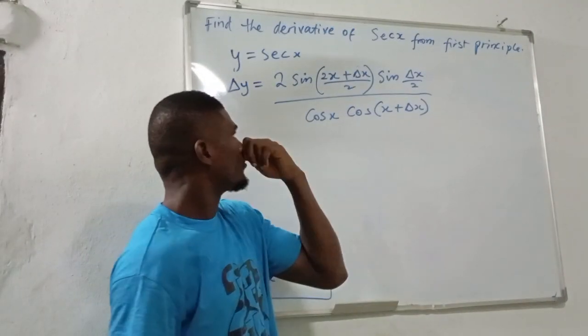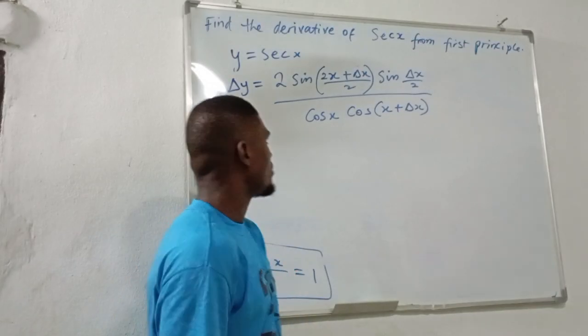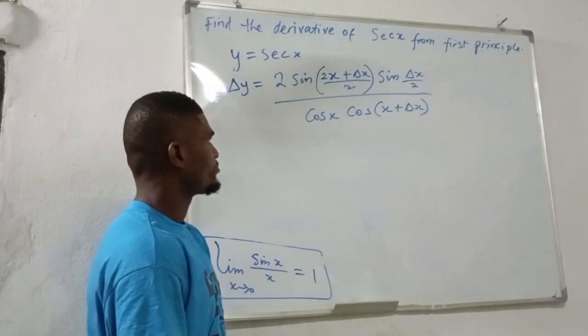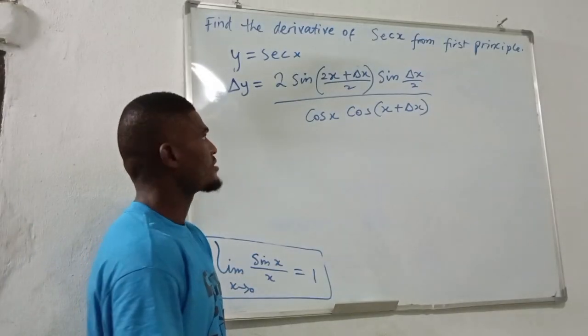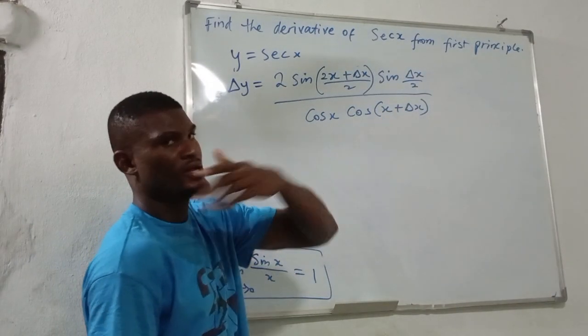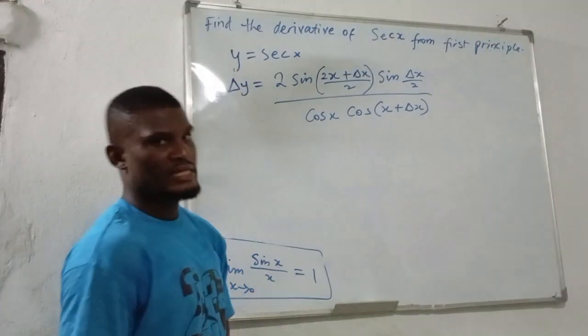Now we have dy equal to 2 sine into bracket 2x plus dx over 2 sine dx over 2 divided by cos x cos times cos x plus dx. Alright, so here now we're going to divide both sides by dx.